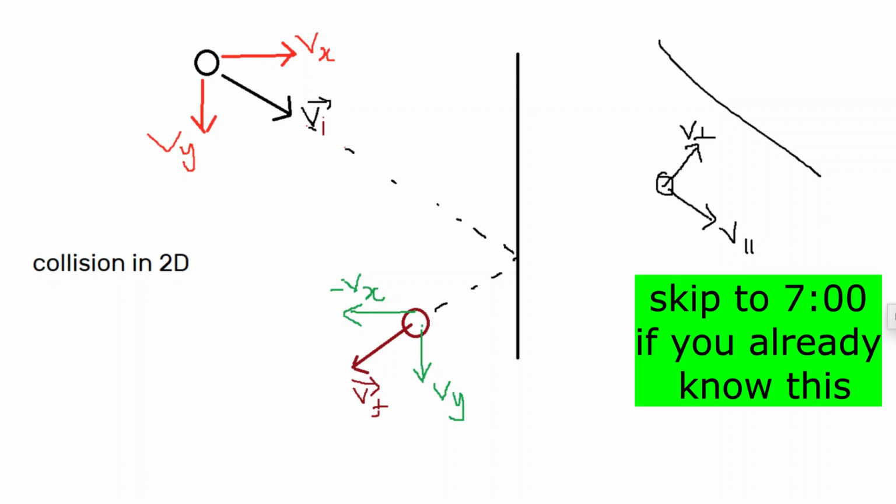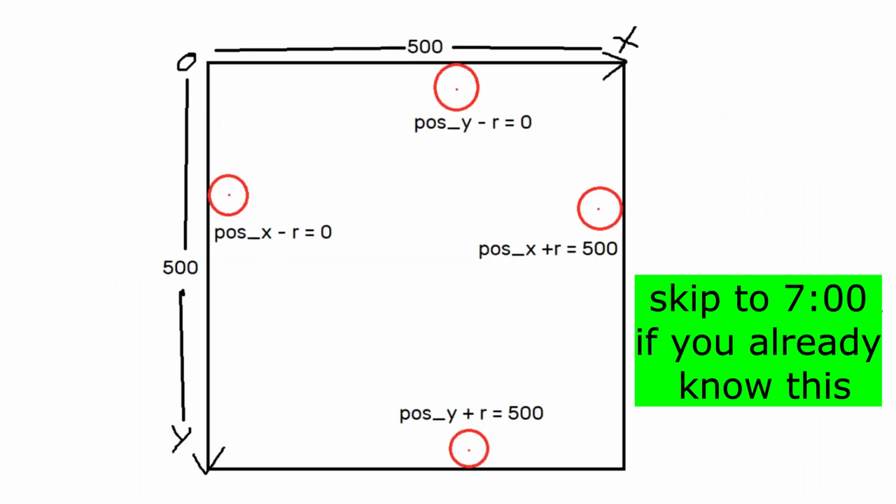So now it comes to detecting the collisions, when the collisions are going to occur. The collisions in our program can occur in 4 different positions: right hand side, left hand side, top and bottom. So these are basic equations to detect when the collisions are occurring. The position of the ball is also in 2 components: the x coordinate and the y coordinate.